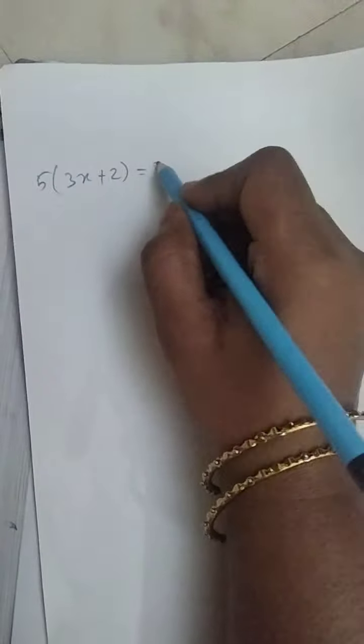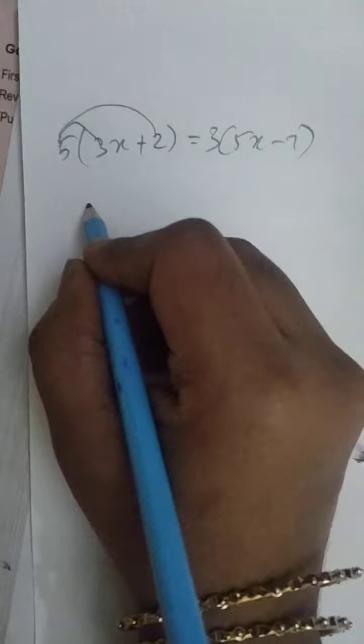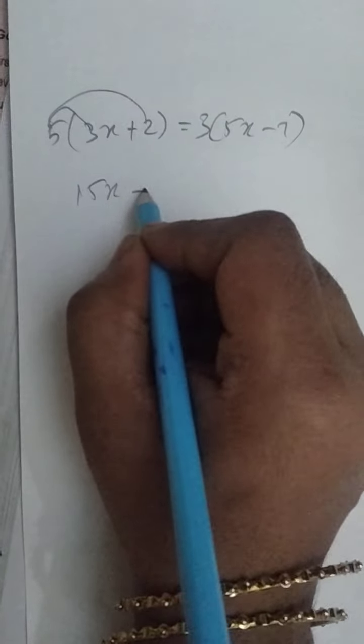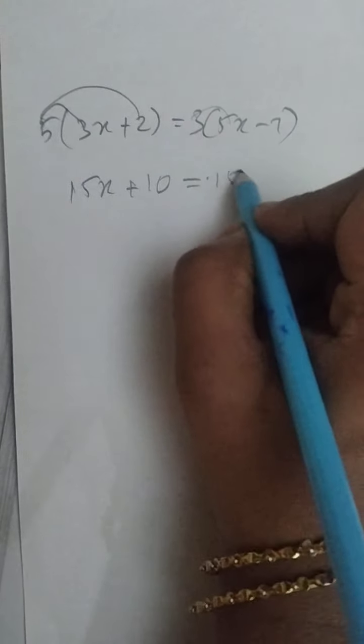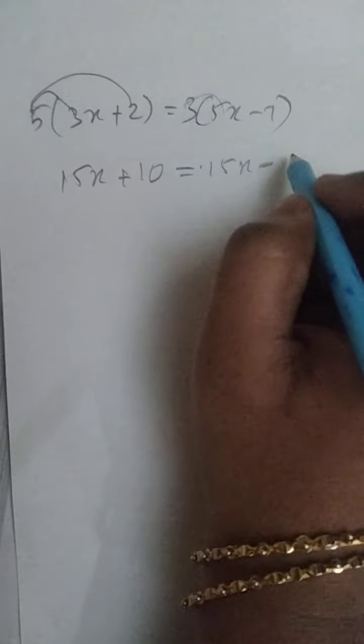So you have to multiply those things. 5 3s are 15, 15x plus 5 2s are 10. Then it is equal to 5 3s are 15, 15x minus 7 3s are 21.